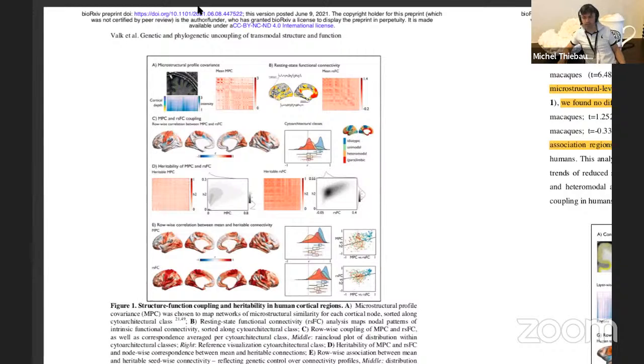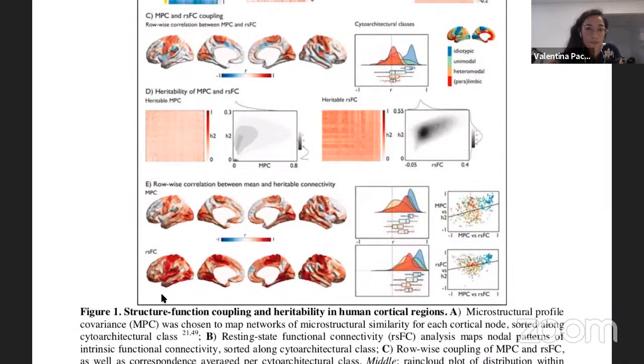Sorry, it wasn't clear. No, but it makes sense, because the less hereditary ones are the higher cognitive transmodal system structures.